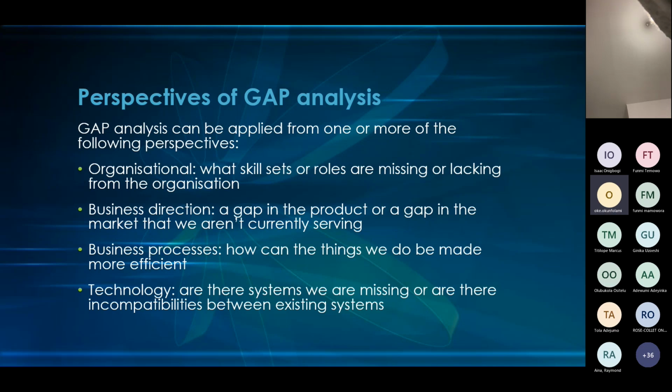Business direction is another perspective that you can apply gap analysis. So again, let's even use, I don't know which example I will give now. Business direction. So what we said here is to identify a gap in a product, or a gap in the market that the business isn't currently serving.